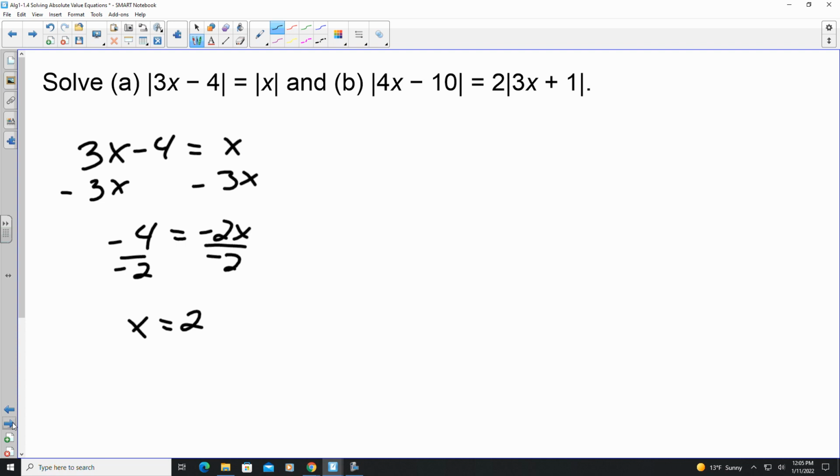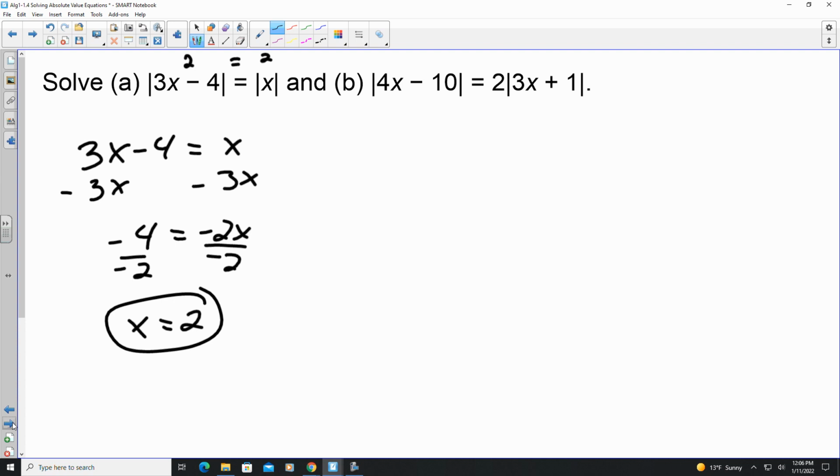Let's see if that holds true. 3 times 2 is 6. 6 minus 4 is 2. So that's absolute value 2. Is that equal to the absolute value of 2, which is 2? Does 2 equal 2? The answer is yes, so this checks out.